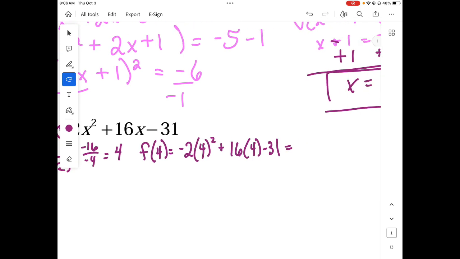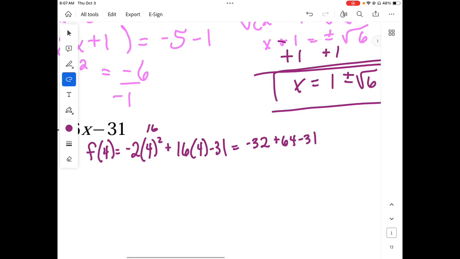Okay, so that's going to be negative 2 times 16, negative 32. 16 times 4 is 64. And then minus 31. So that's going to end up being 32 minus 31. Negative 32?